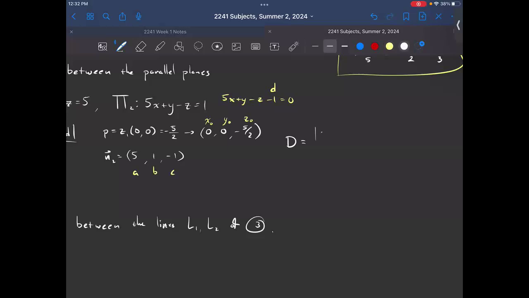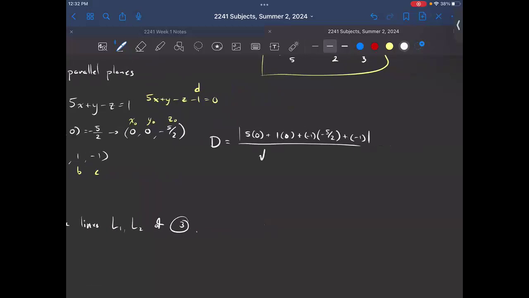So 5 times 0 plus 1 times 0, I'm basically doing the dot product of n with p, or with this vector right here, plus -1 times -5/2 plus d, which is -1. Notice I have lots of negatives here, and so it is important to have that absolute value.